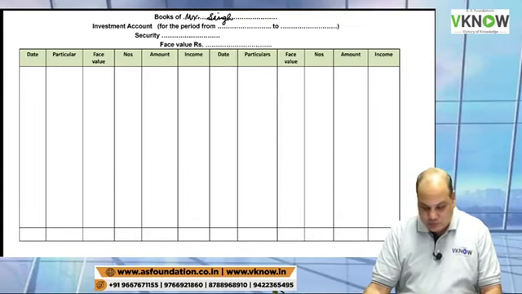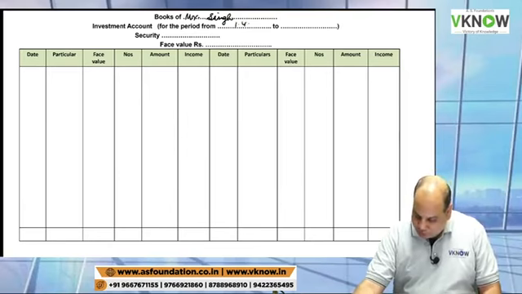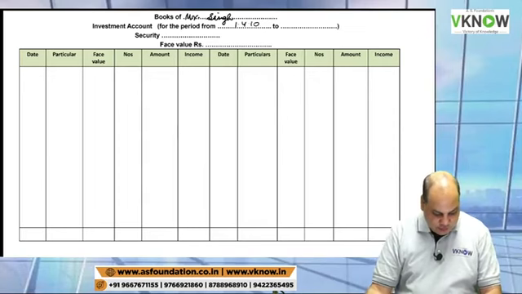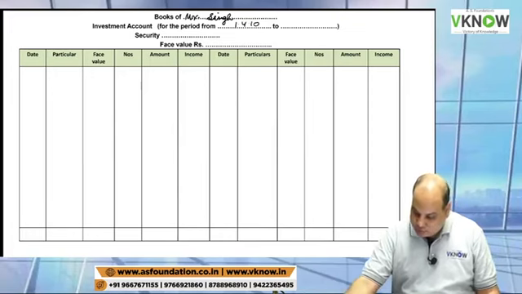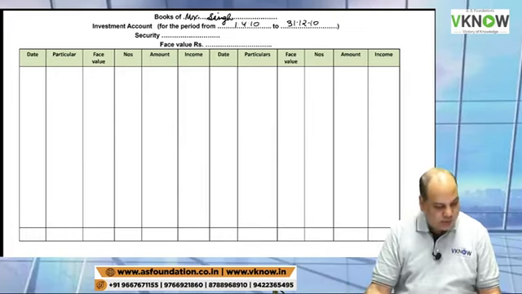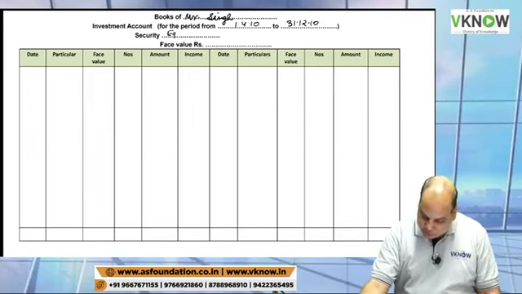Investment account for the period from 1/4/10, that is the opening date given, to 31/12/10, that is the closing date given to us. And the security is equity shares in X Limited.